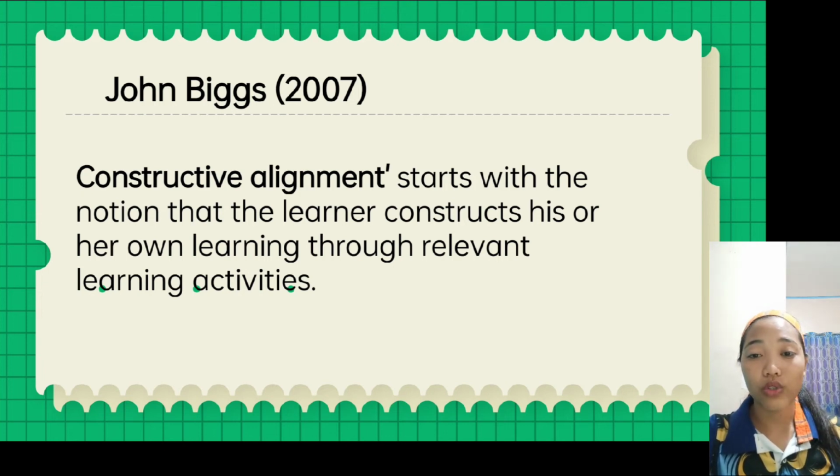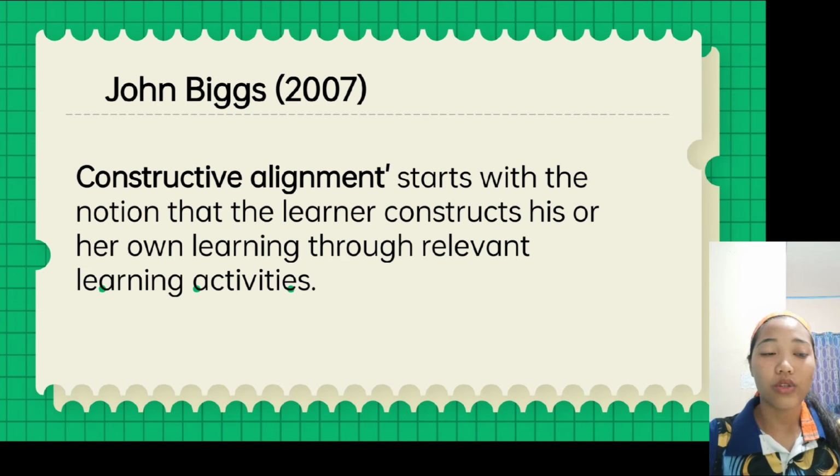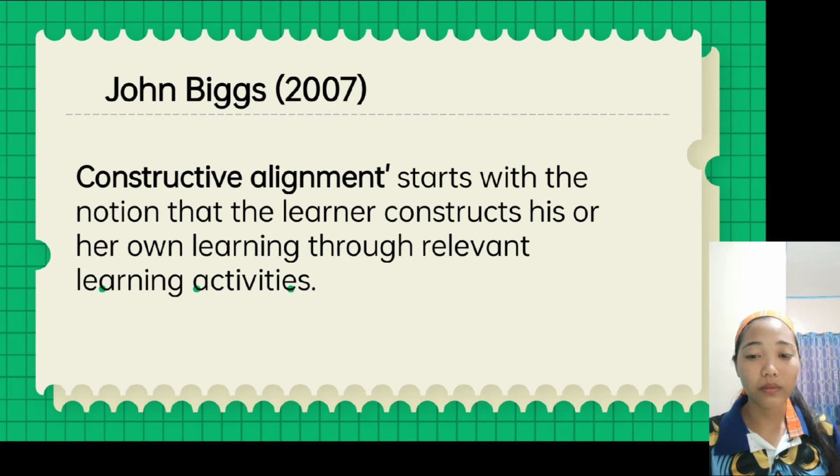So constructive alignment starts with the notion that the learner constructs his or her own learning through relevant learning activity. So the student learns not just by listening to the teacher, but also by performing or being exposed to the activity that the teacher provided in the class, outside or inside of the class.